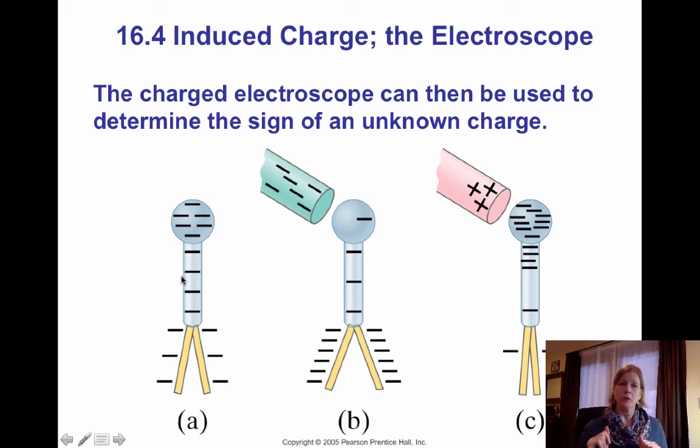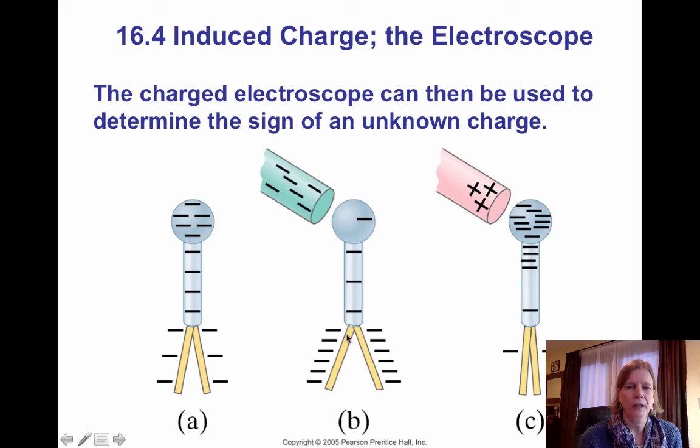So our electroscope is already charged, and now we have something of unknown charge. We have this green object and this red object, and they are of unknown charge. What happens if you bring something that has the same charge as the electroscope? Likes repel. So you bring something with excess electrons, it's going to drive the electrons further away.